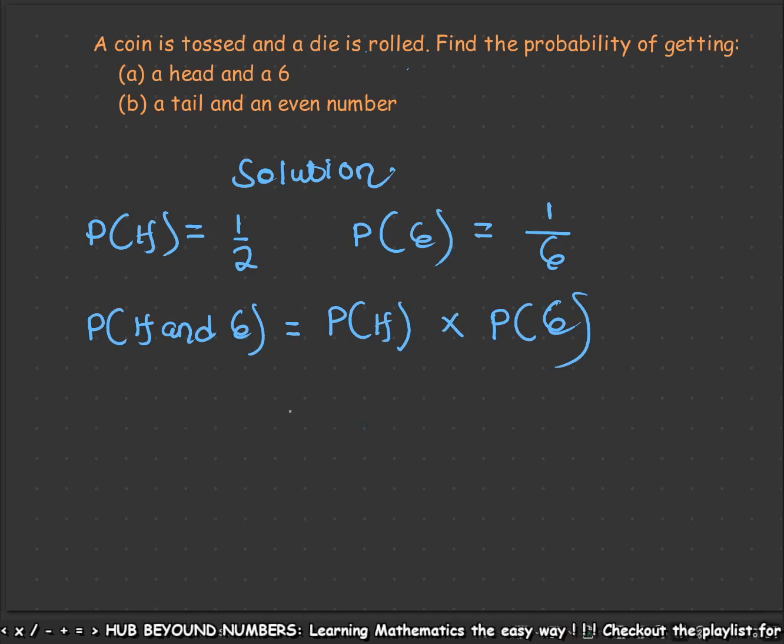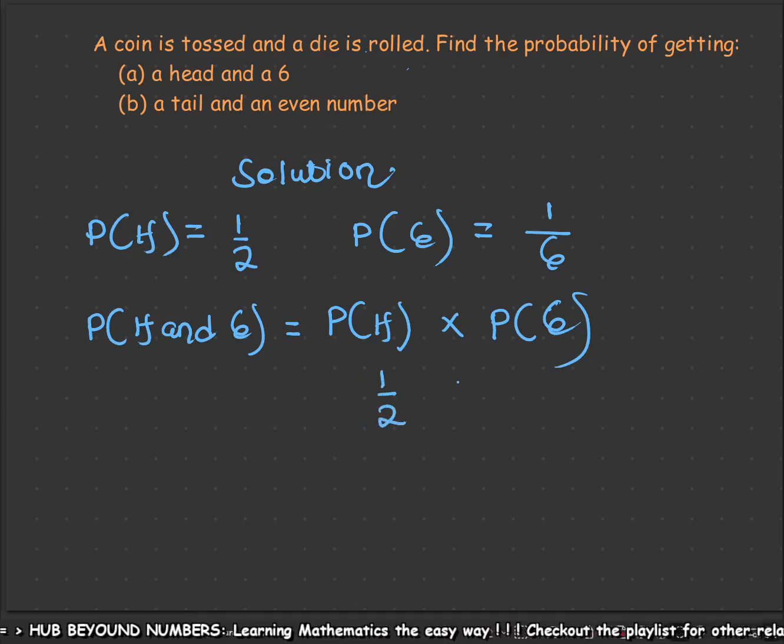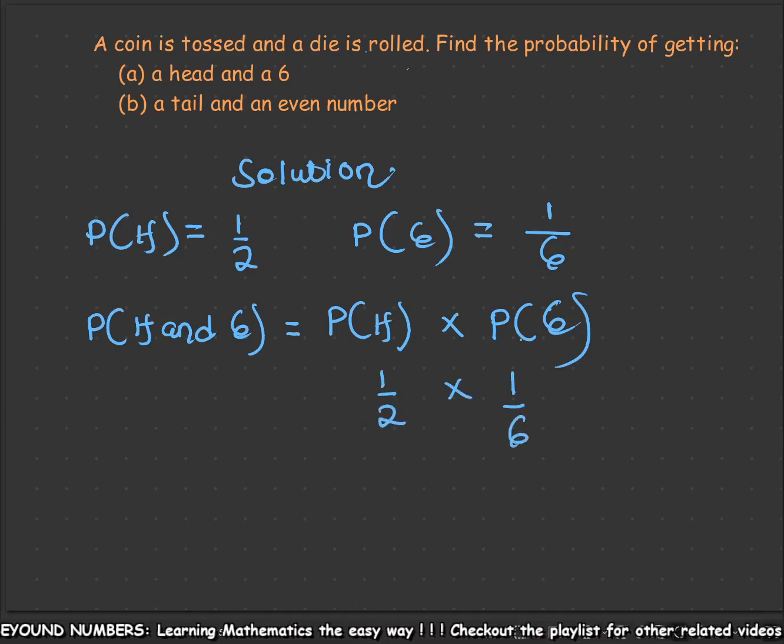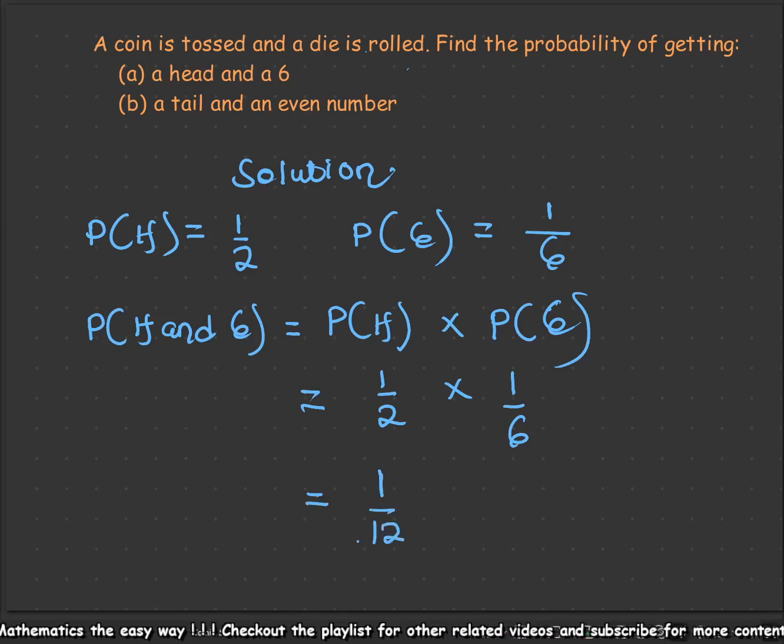We know the probability of a head is 1 over 2, so times 1 over 6, which is the probability of getting a 6. Multiplying that, we have 1 over 12. So this simply implies that the probability of getting a head and a 6, as the question has asked us, is 1 over 12. And that is just it.